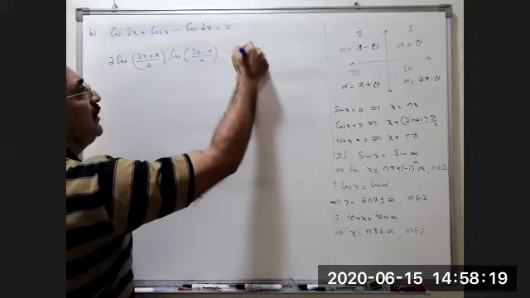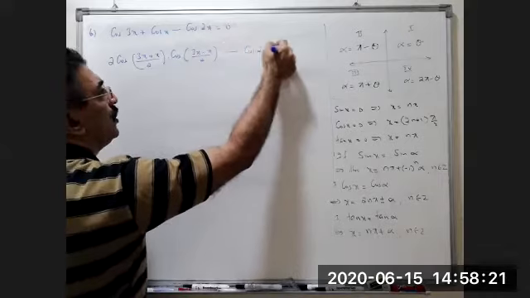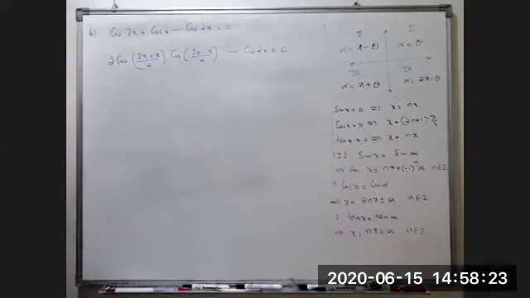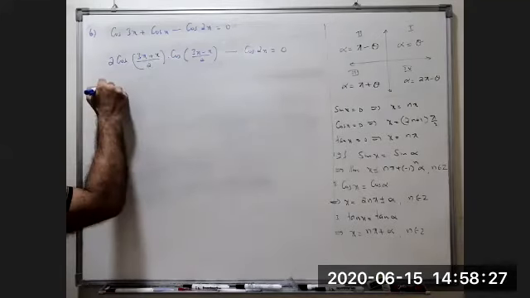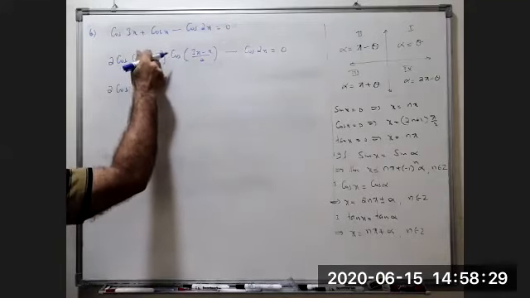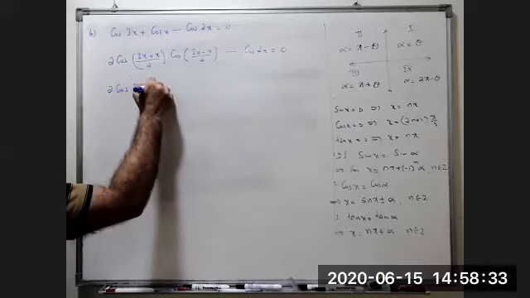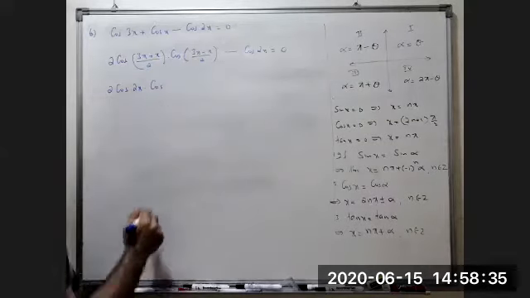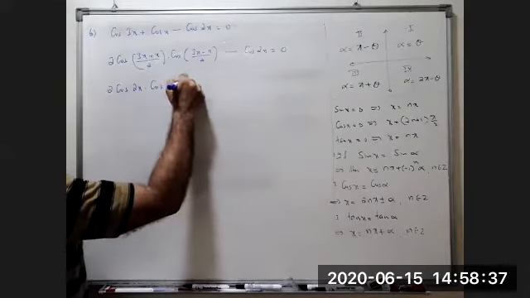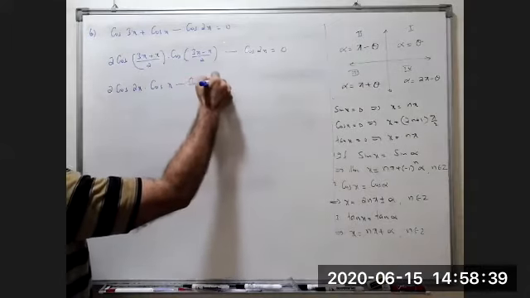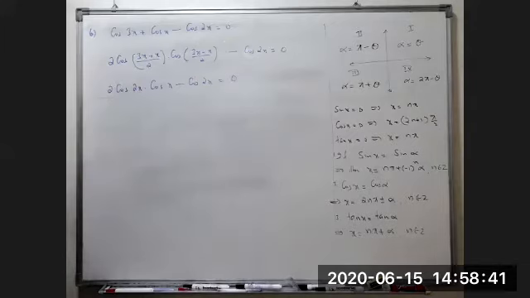Minus cos 2x is 0 remains as it is. This is 2 cos 2x into cos x, minus cos 2x is 0.